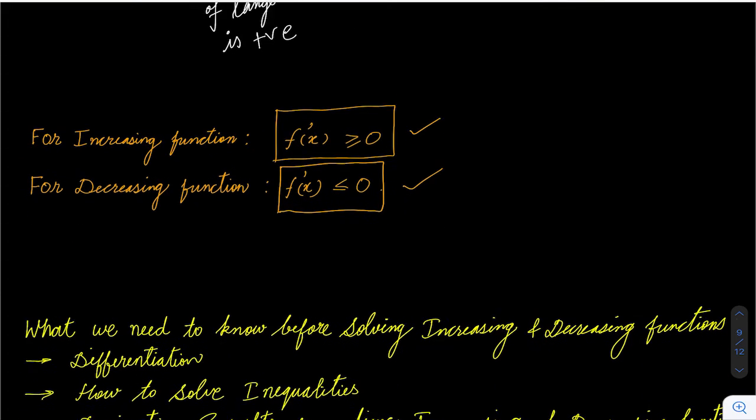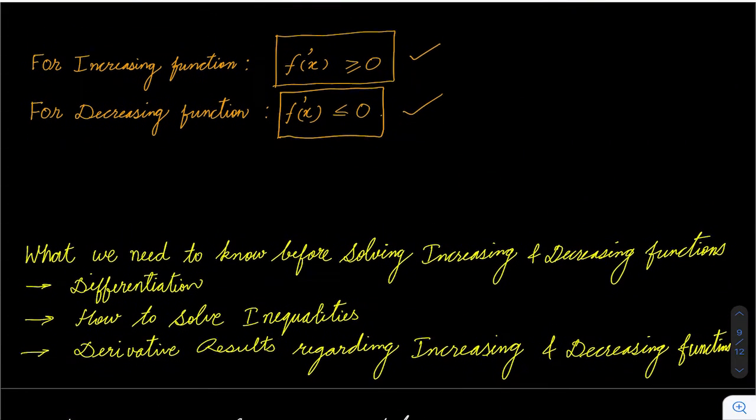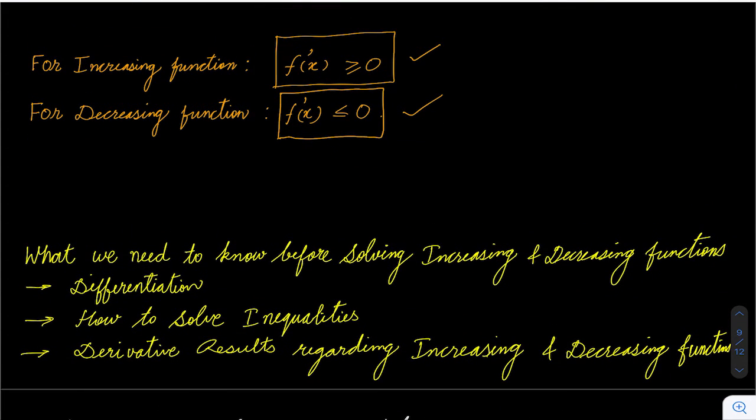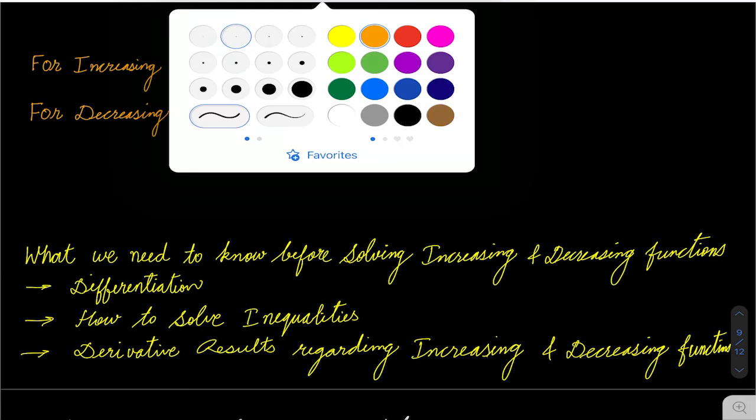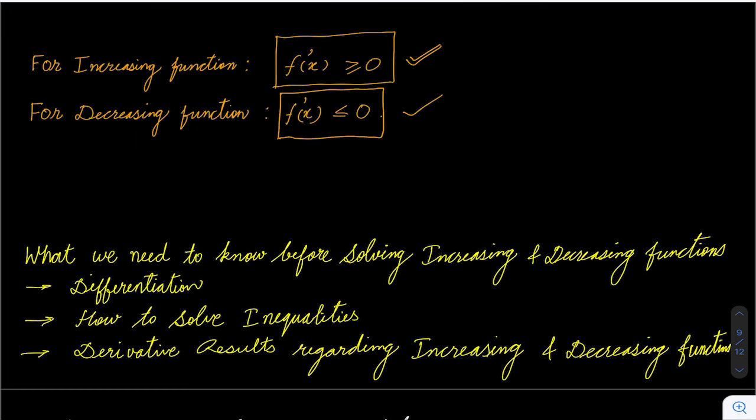Okay, next. Now, to solve questions based on increasing and decreasing functions, what are the concepts that we must know before? So first is differentiation. Obviously, you can see in my definition of increasing and decreasing function, we are using f dash x. So obviously, you must know how to differentiate a function. Second thing, now this is important, you must know how to solve inequalities.